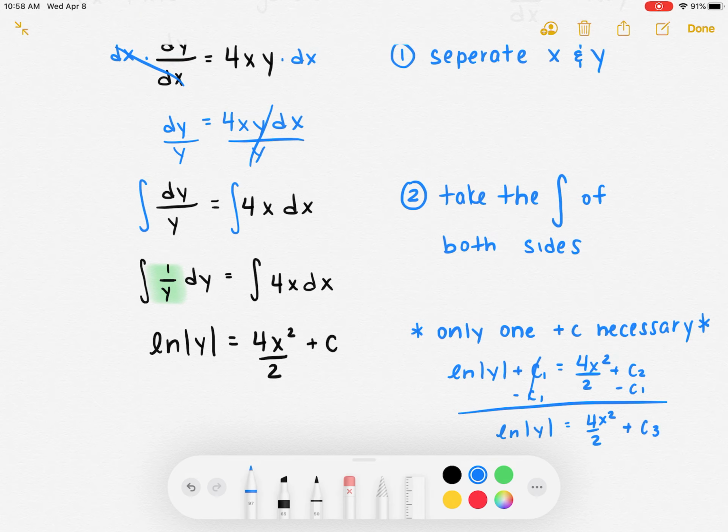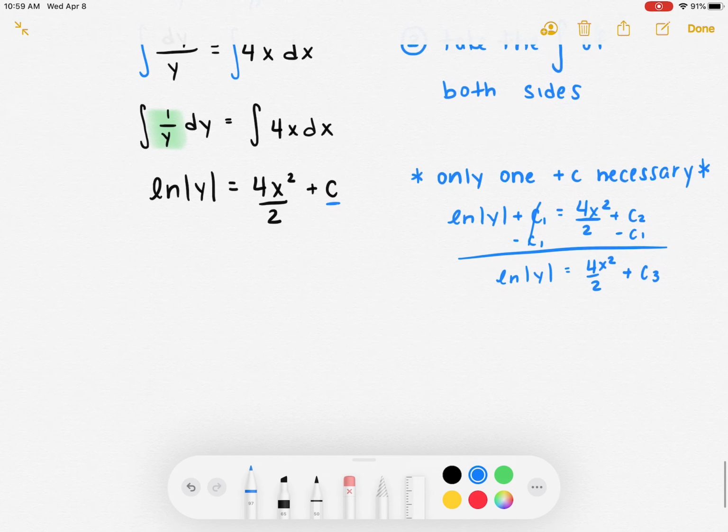So rather than making extra work for myself and having to move constants around, because when I take any number and I subtract another number, I'm still going to get a number. I just kind of bypass that step when I'm solving just to simplify it a little bit for myself. So I only need one c, and I intentionally put the c on the right side of the equation because I'm always going to be solving and trying to get the left side all by itself. So it just makes it easier for myself to do that.